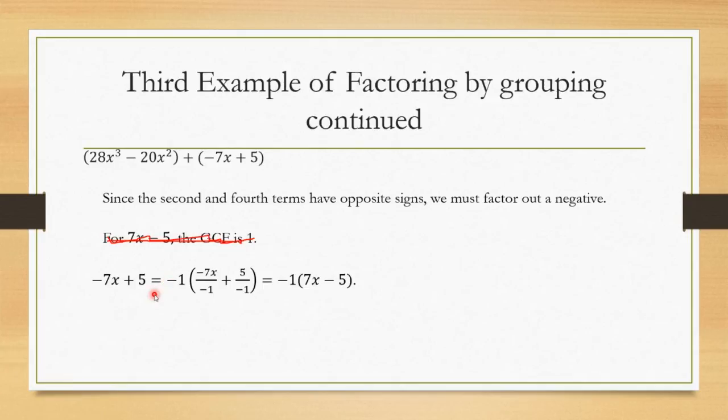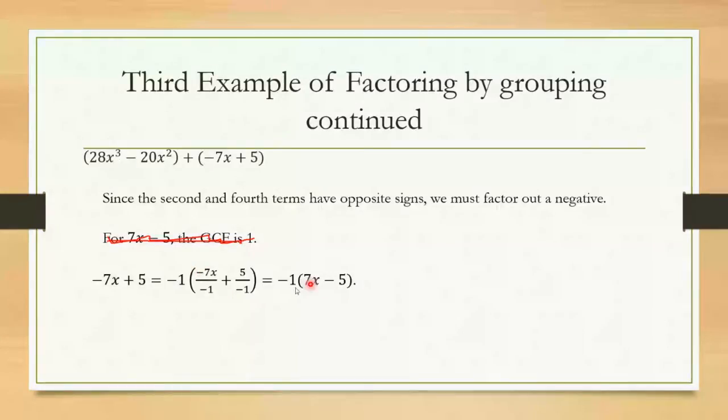Here we go. So for the second group, let's factor out negative 1, okay? And that's what we're doing here. So negative 7x over negative 1, 5 over negative 1. Remember, you divide to see what's left over. And when you divide, you end up getting this.